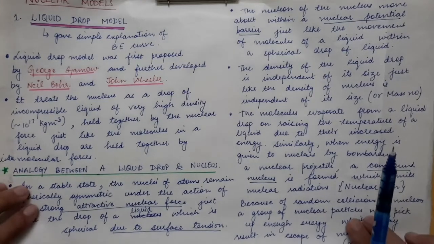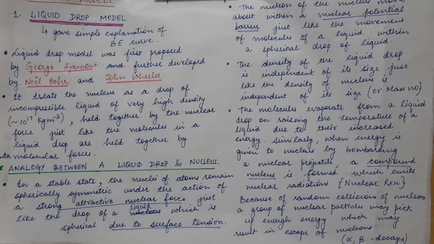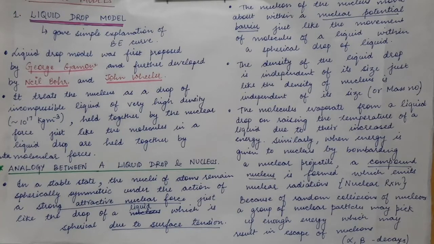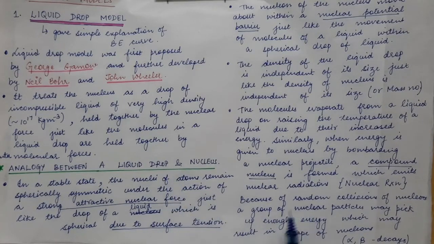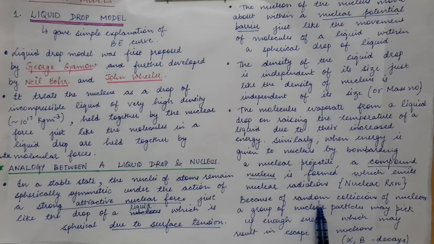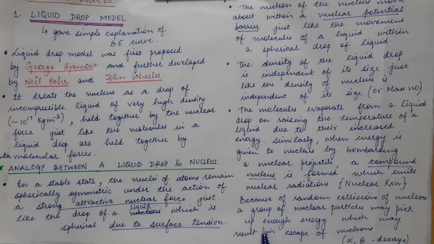Then another theory is of the alpha and beta decay, or you can say the radioactive decay. How does the liquid drop model explain radioactive decay, that is, alpha or beta particles being emitted from the nucleus? The liquid drop model says that because of the random collision of the nucleons inside the nucleus, a group of nuclear particles may pick up enough energy.